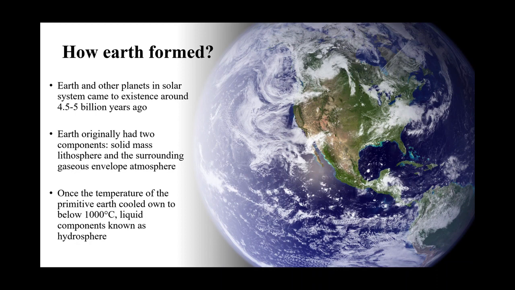With this hot bubbling land mass, you cannot have any chemical reaction going on. But once the temperature started to cool down, condensation started happening, and water bodies formed. So you had a layer called the hydrosphere as well.